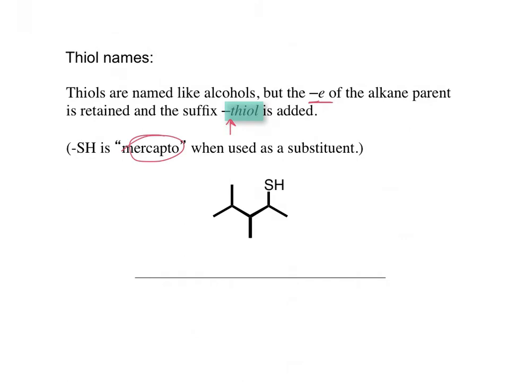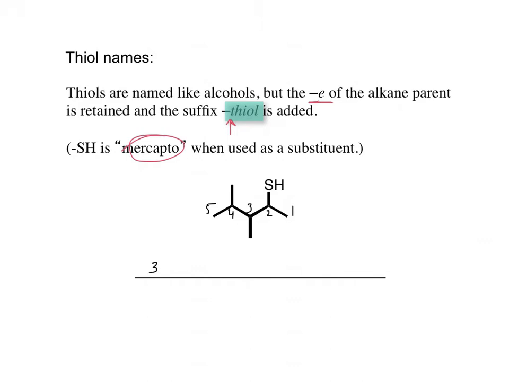that's an SH substituent. Okay, so let's go ahead and number and name this guy. Finding the parent, we'll just go straight across. So there's 1, 2, 3, 4, 5. And so the sulfur, that thiol group, is at number 2. And we have methyls at 3 and 4.